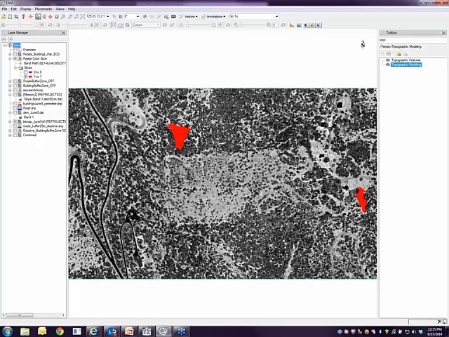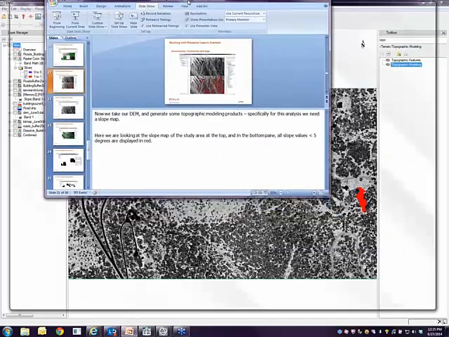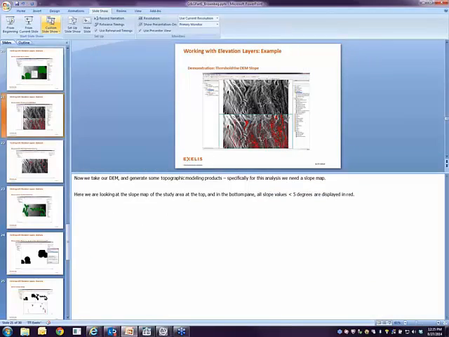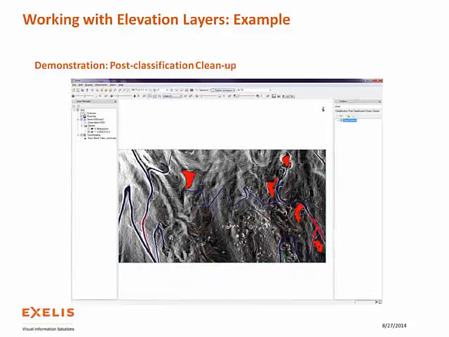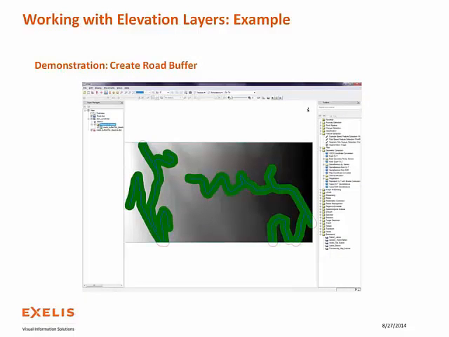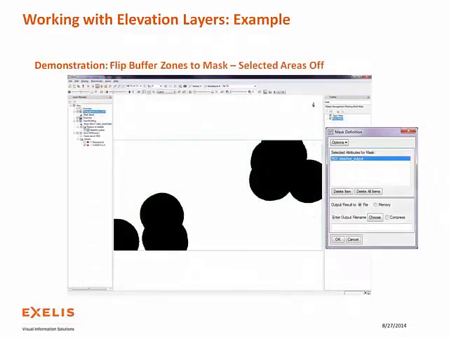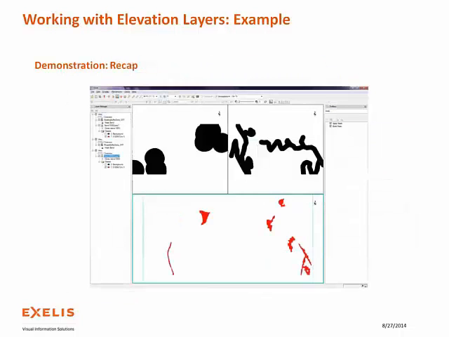Okay, so let's go back to the slides and just recap what we did. We talked about the topographic analysis. We talked about cleaning things up and making sure that those sites are not on a road by buffering the road, creating masks for both the buildings and the roads, so that we're ending up with just 3 different layers for input.